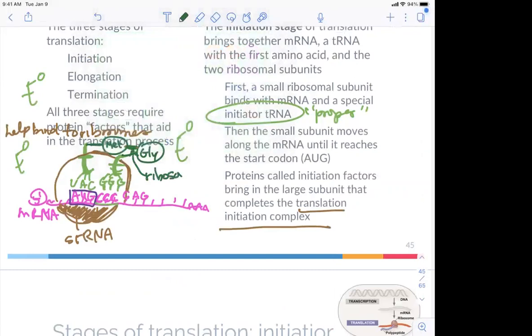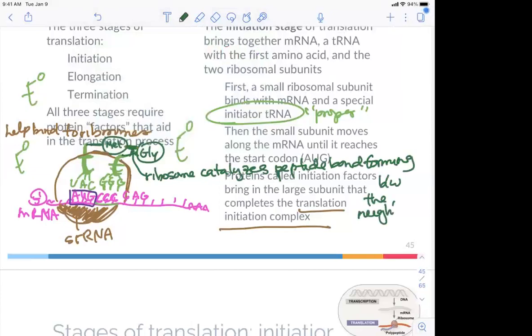The ribosome catalyzes, which means it's going to take energy, peptide bond forming between the neighboring amino acids, and only between those neighbor amino acids. Now you have a dipeptide.